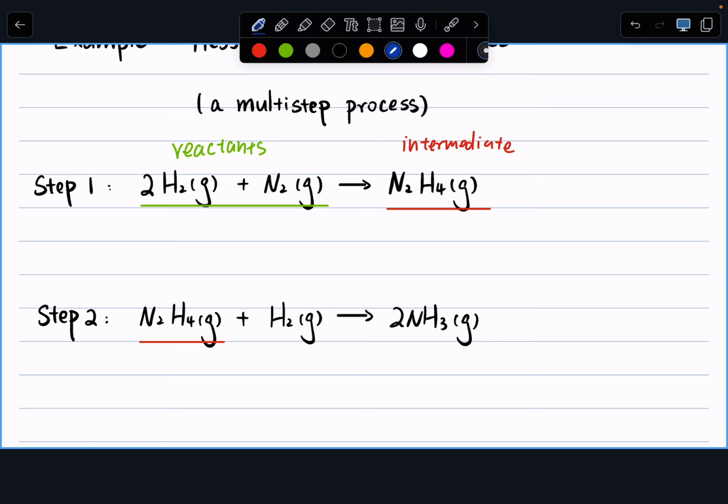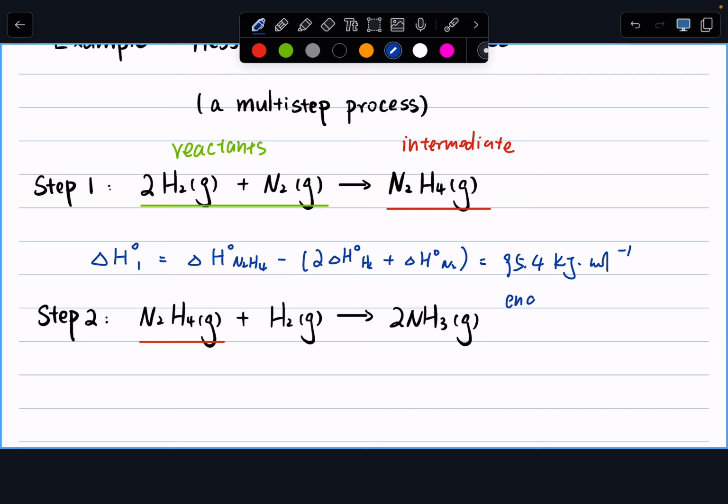So my delta H naught, the standard enthalpy of reaction for my first step, equals product delta H naught N2H4 minus reactants, 2 times delta H naught of H2 plus delta H naught of N2. You can check the table to get that number, which equals 95.4 kilojoule per mole, and this one is endothermic.